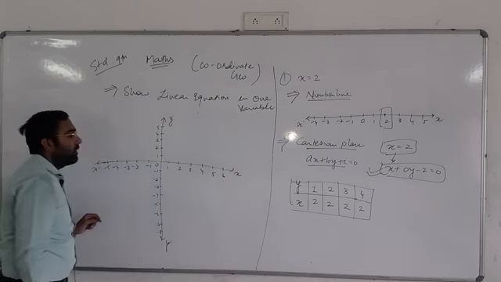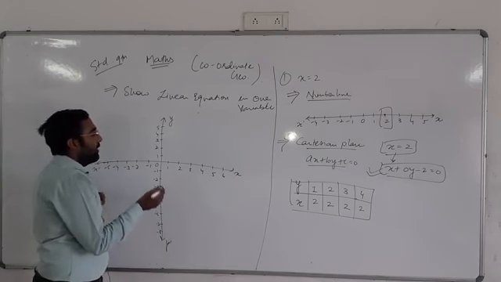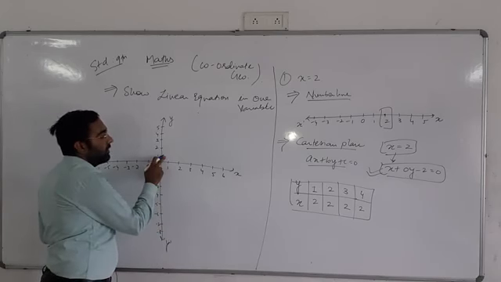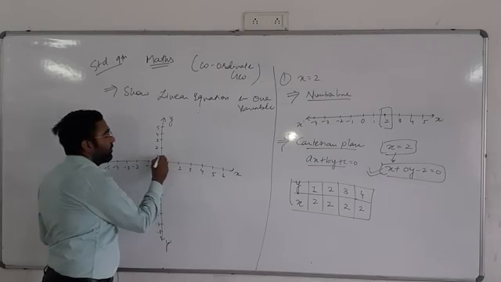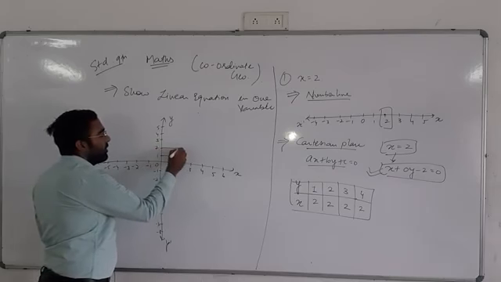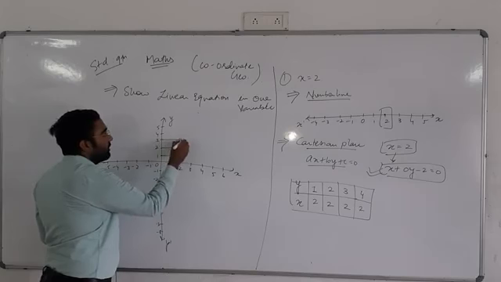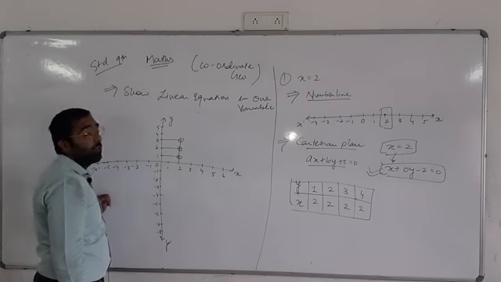Okay, so now when I take y equal to 1, then x equal to 2, so therefore your point is here. When I take y equal to 2, then also x equal to 2, your point is here. When I take y equal to 3, x equal to 2, your point is here.